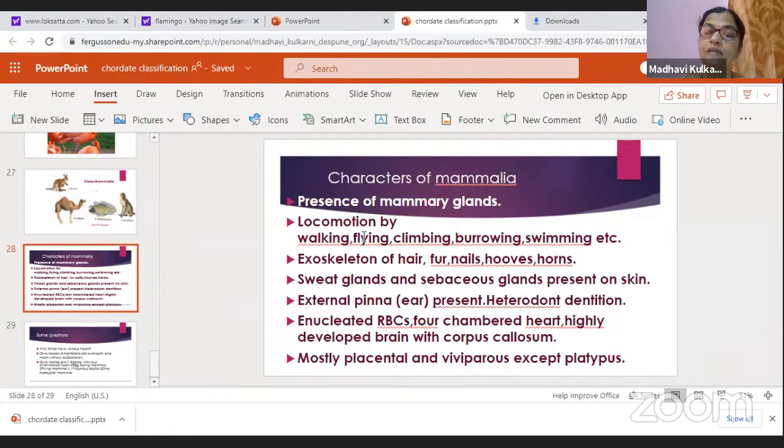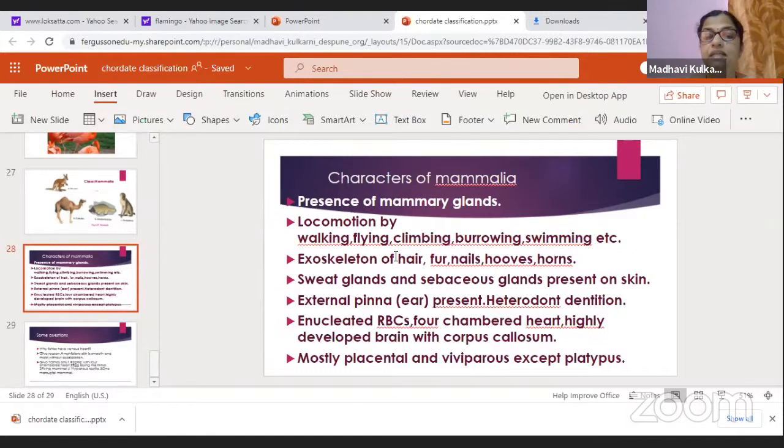Organs are the same, but a variety of modes of locomotion are seen. Some of them walk, flying mammal, bat, climbing or arboreal mammals are there, burrowing mammals like rat, rabbit, swimming or the aquatic mammals are there, dolphins are aquatic mammals, seal, walruses.